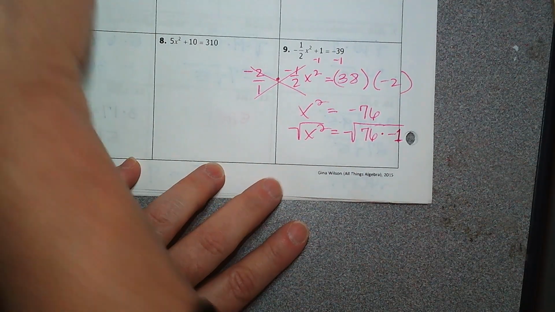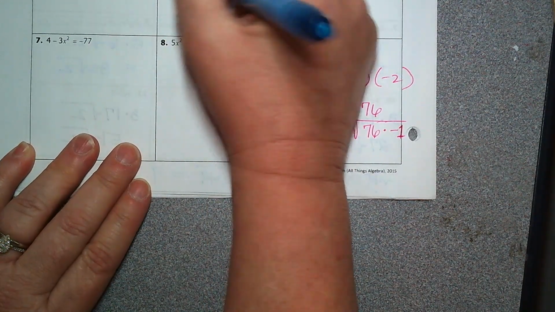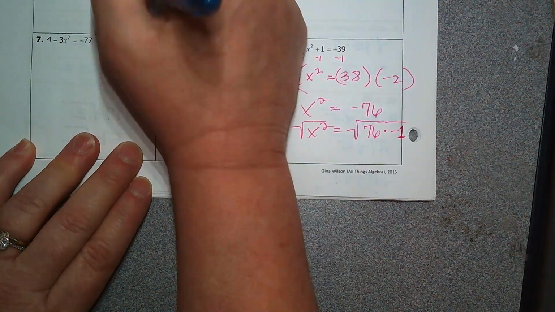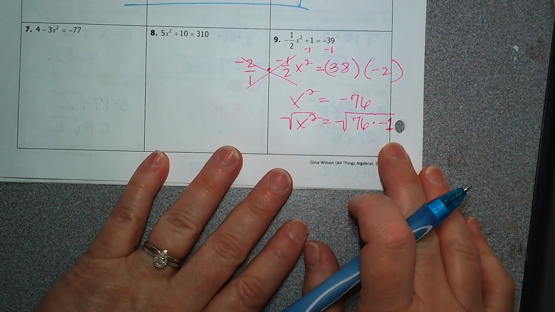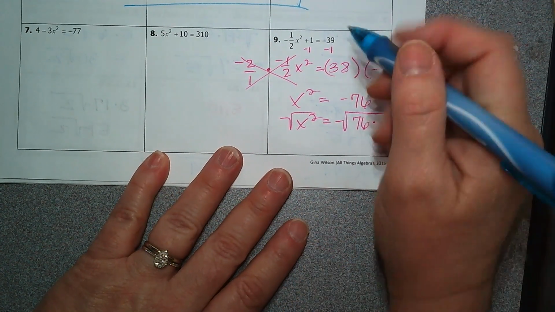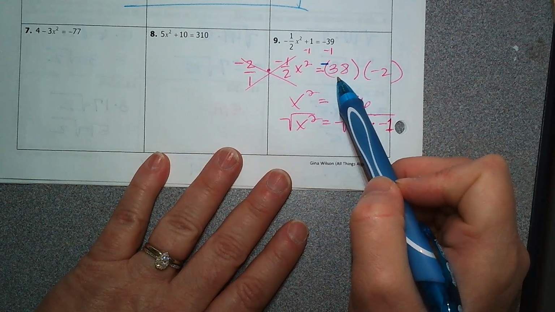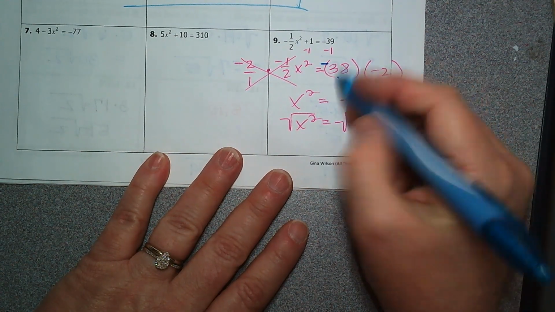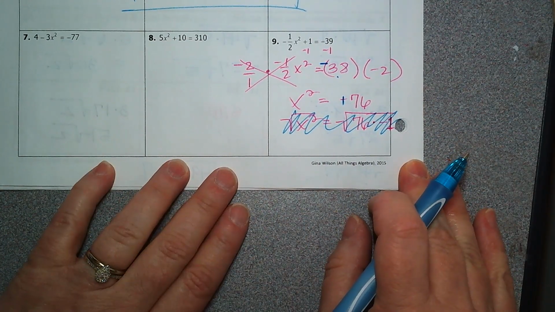What's the square root of -1? Square root of -1 is i. It's going to give you an imaginary number. Oh, you know what? We're not there yet. This is supposed to be -38, isn't it? So that would be positive. So we don't have a complex number yet, but we're going to get to that soon.